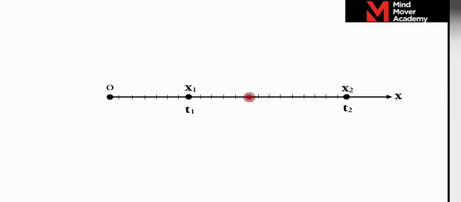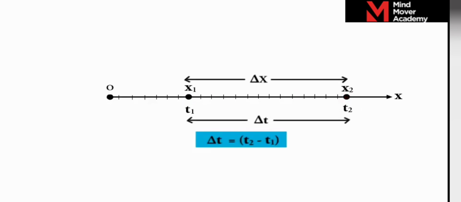Then its displacement, denoted by delta x in time delta t equal to t2 minus t1, is given by the difference between the final and initial positions. Delta x is equal to x2 minus x1.